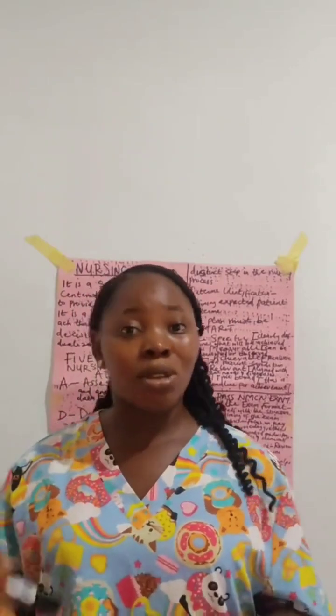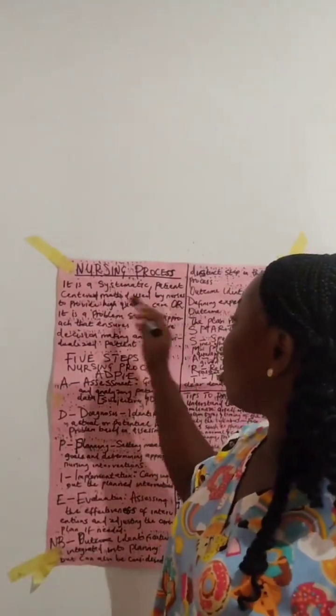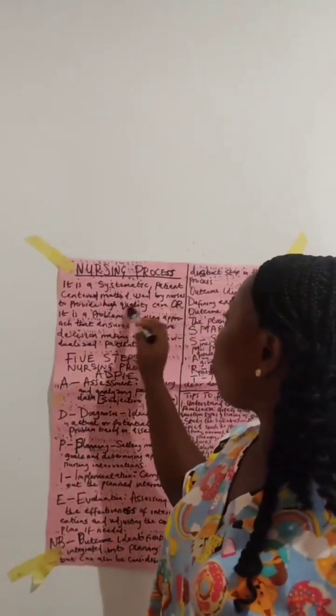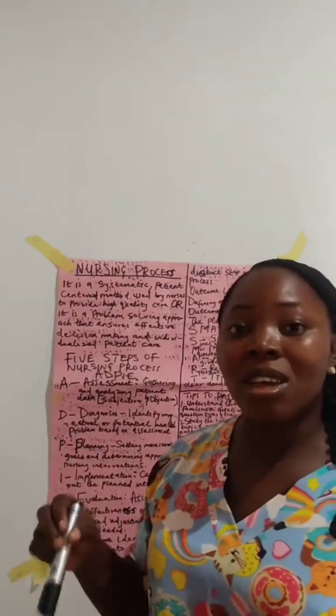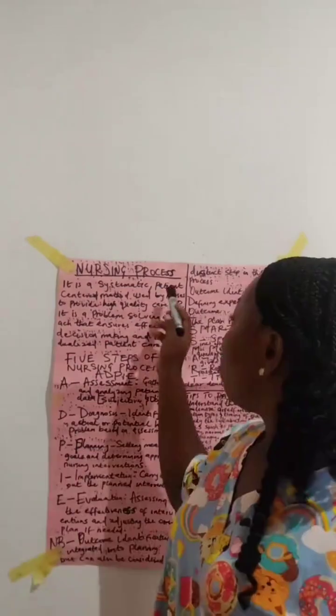What is nursing process? It is a systematic, patient-centered method used by nurses to provide high quality care to patients. We're saying it is systematic, patient-centered and high quality care. Systematic in the sense that it uses a step-by-step process.